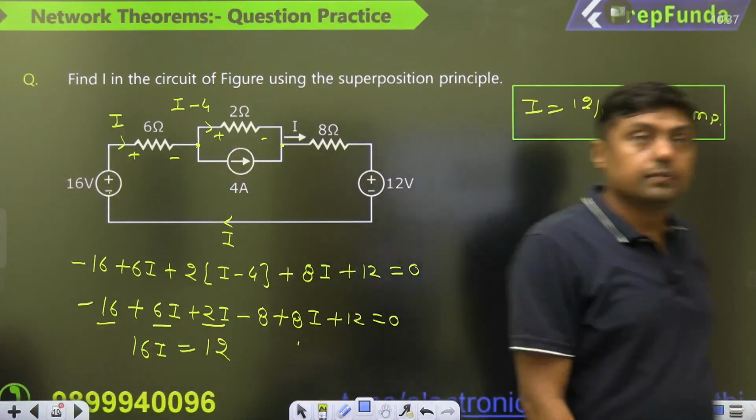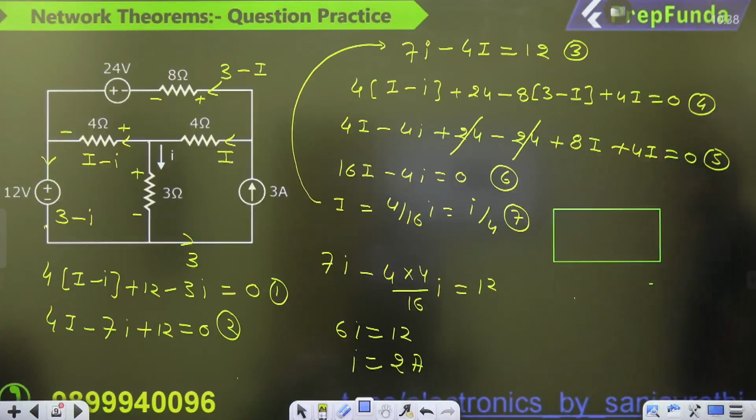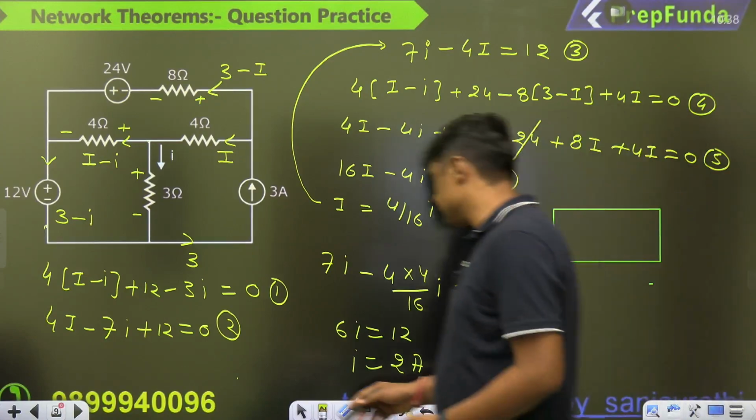Superposition theorem. There is a current source. Always remember, with a current source we can't write the KVL, and that's why we have used these 2 loops.